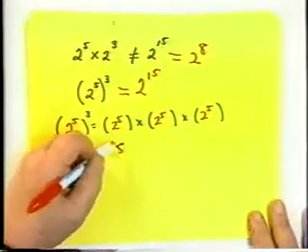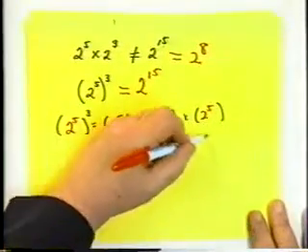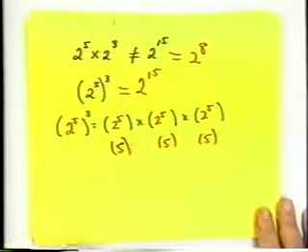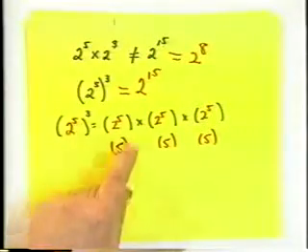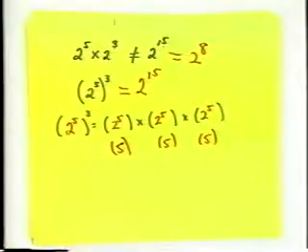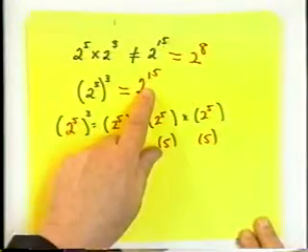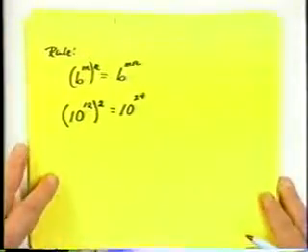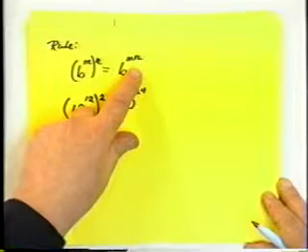I have 5 factors of 2 in each set of parentheses. Therefore, how many factors of 2 do I have altogether? 5 here, strung together with 5 here, strung together with 5 here. Isn't that going to be 15 factors of 2 altogether? In other words, if you raise a power to a power, then you multiply the exponents.